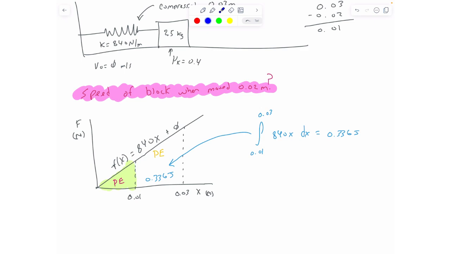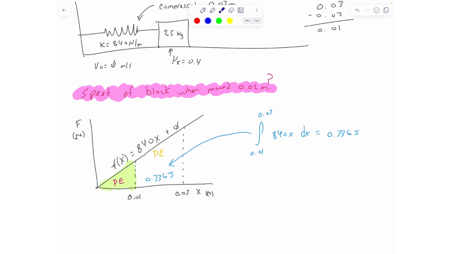So the question is, this much energy from the spring that we used, what happened to it? Well, two things happened to it. One, this thing is going to move. If this surface were frictionless, nothing would hold it back, and all of the potential energy, this 0.336 joules, would be converted into kinetic energy.